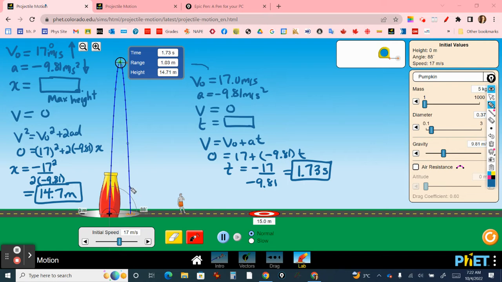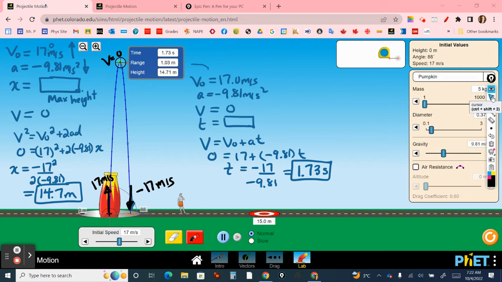The velocity at impact is going to be minus 17 meters per second. It's being launched at 17 meters per second, here the v drops to 0, and then when it lands, it has a velocity of minus 17 meters per second, and everything is symmetrical.